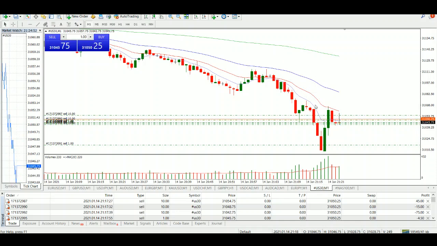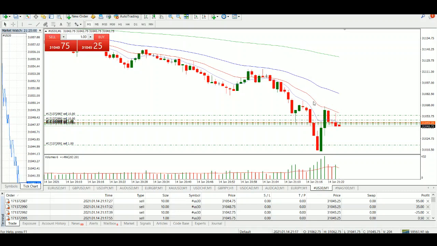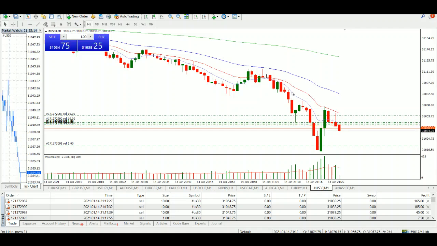EMAs are making parallel lines, indicating a great downtrend, confirming this downtrend. And they are also creating large distances between each other. So EMAs are moving away from each other and creating more space between each other, indicating that this trend is making large movements.